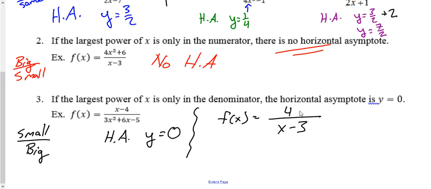Small would mean your numerator has an x with a degree, but if you don't see it, it's always x exponent 0, which is just 1. So you have 0 over 1, technically. Even in this case, my horizontal asymptote is still at y equals 0, because you can default in an x exponent 0.